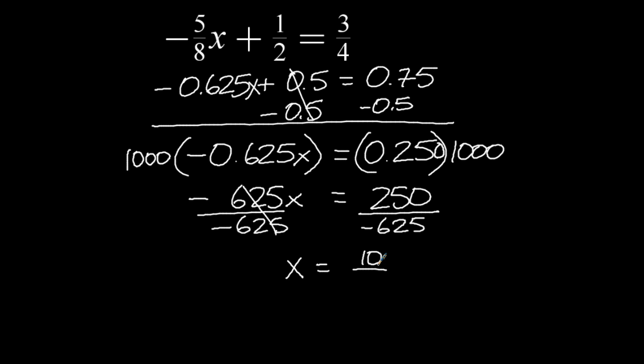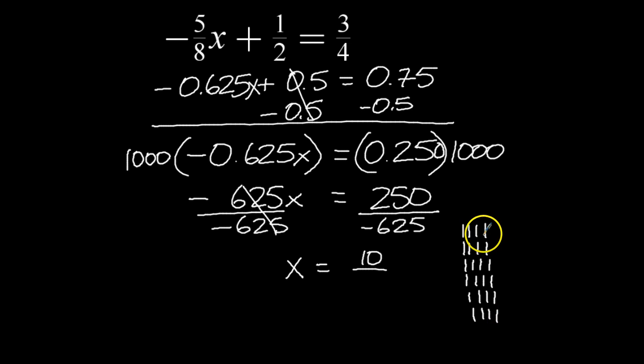Now, how do I get to 625? Well, for every 100, there are 4 25s. If you could even just make tally marks, right? 25, 50, 75, 100.